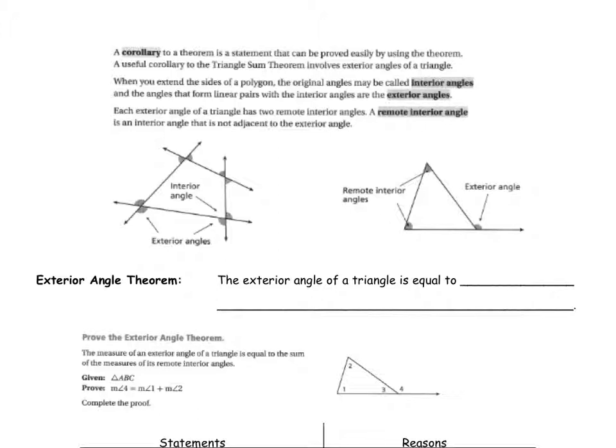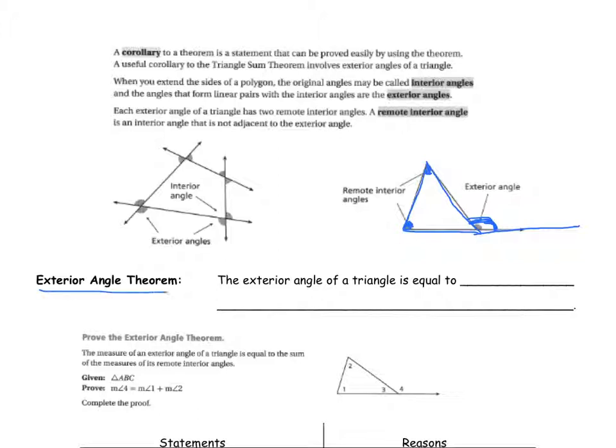Okay, the important part, what I want you to get from this section right here, is a couple of definitions and terms. Here we have our triangle. The angles inside are called interior angles, and we can make an exterior angle by extending one of the sides of our triangle. This is our exterior angle, just like the example we did in class with the paper where we cut it.